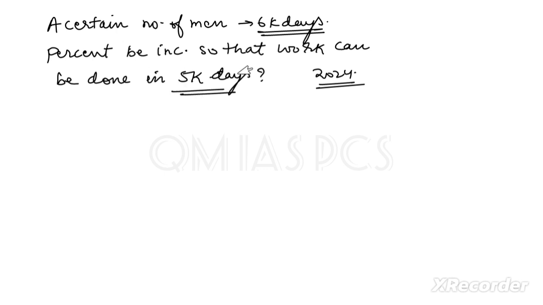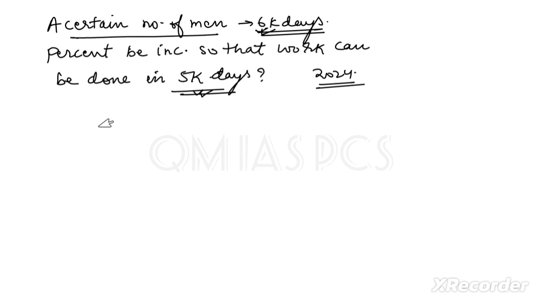See, there is 6k days and here is 5k days, that is the number of days decreases. So obviously we have to increase the number of men. It is asking for the percentage increase in the number of men. A certain number of men is given, it is not specified, so we can consider that one.